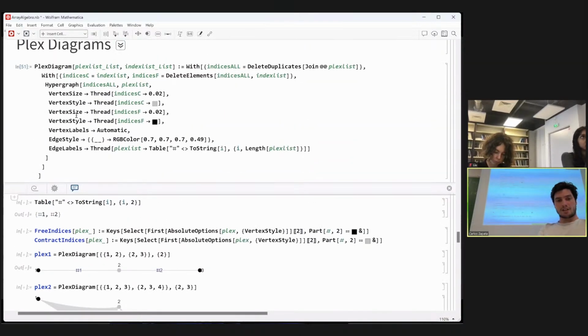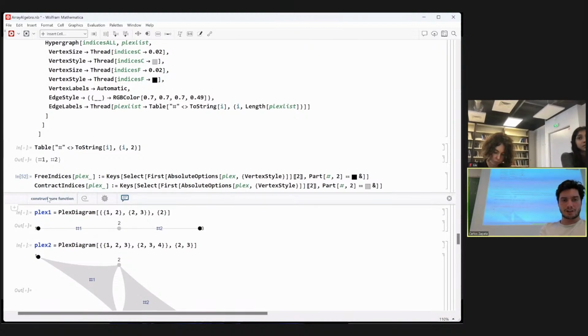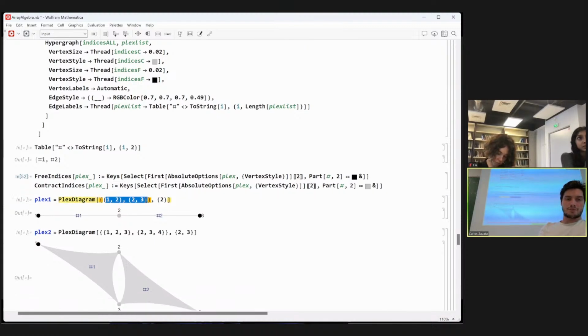Plex diagrams are the mathematical language implementation of the diagrams that I was showing you earlier. All you have to say is draw a diagram for this number of indices. I have an index 1, an index 2, an index 3, and then you group them in terms of the matrices or hypermatrices that will contain those vertices.